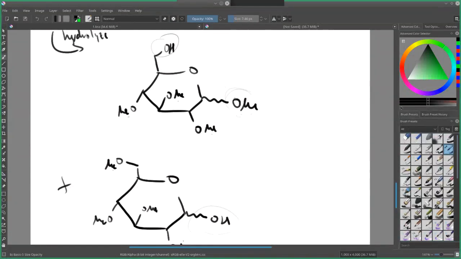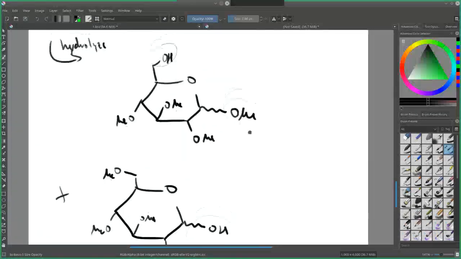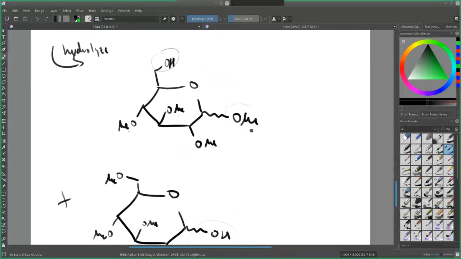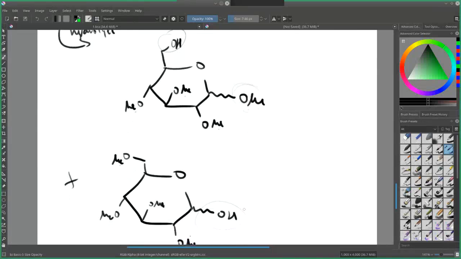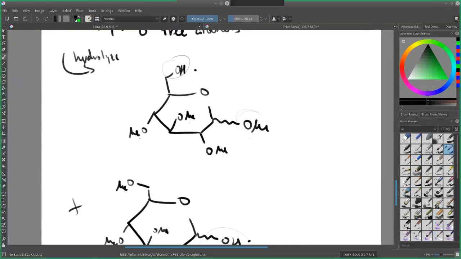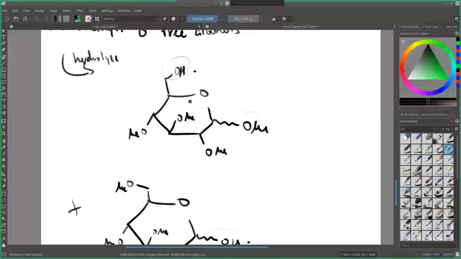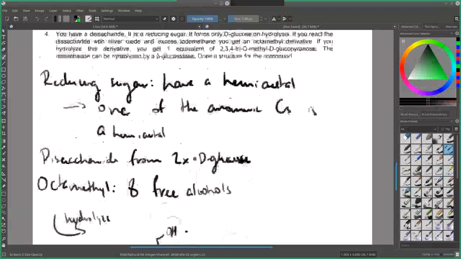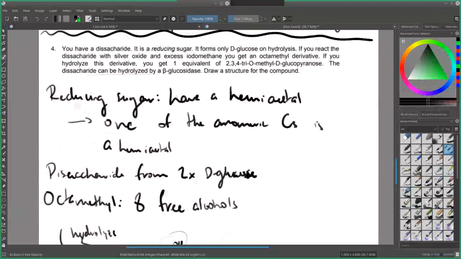Unless, well no, I think using iodomethane and silver oxide methylates the anomeric carbon too. So this should be fine. Yeah, okay. I think it should look more like this. So in that case we have this anomeric carbon and this 6 carbon up here to work with. And we also have that the disaccharide can be hydrolyzed by a beta glucosidase.